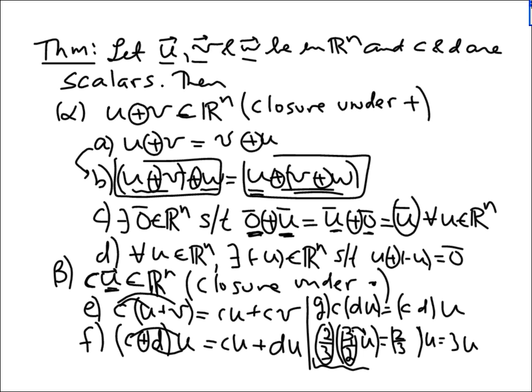So if you wanted to compute it the long way, you'd have to multiply every entry in u by 3/2, and then whatever you get, you then have to multiply everything by 2/3.